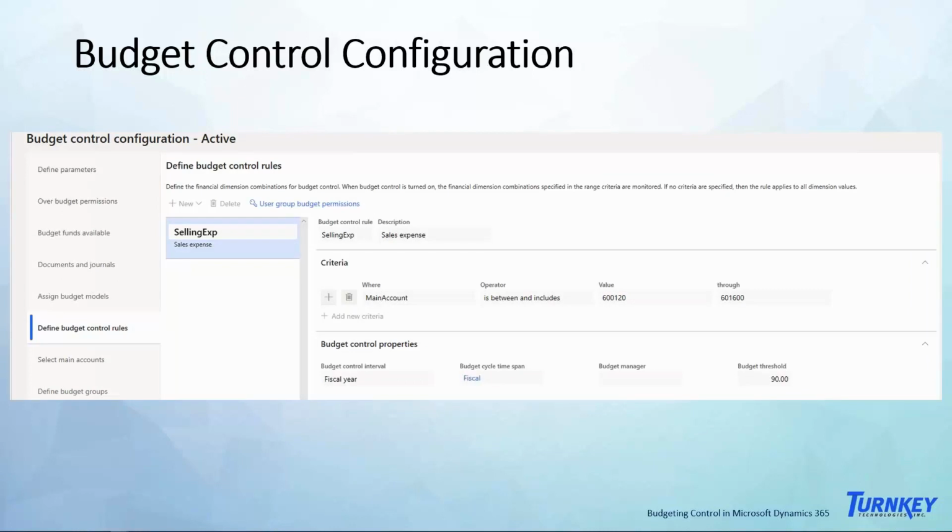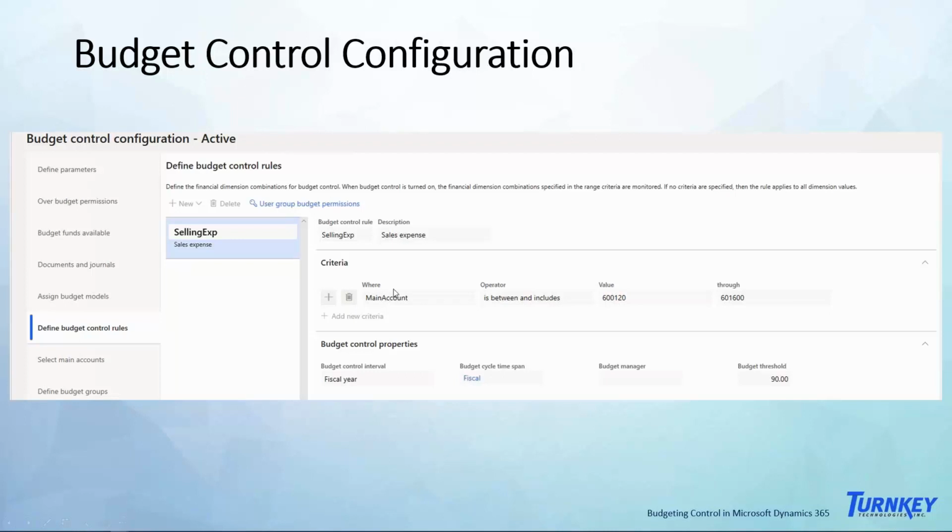Okay. So another thing that is a common question between our customers is, okay, I want to use budget control, but I don't want to use budget control for all my chart of accounts. I want to define a segment of my chart of accounts and my financial dimensions to be controlled only. So in this scenario, by using what we call budget control rules, we can define as many combinations as we need.